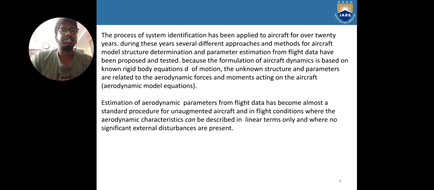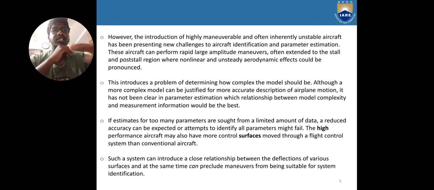Because the formulation of the aircraft dynamics is based on known rigid body equations of motion, the unknown structures and parameters are related to aerodynamic forces and moments acting on the aircraft. Estimation of aerodynamic parameters from flight data has become almost a standard procedure for augmented aircraft and in-flight conditions where the aerodynamic characteristics can be described in linear terms only and when no significant external disturbances are present.